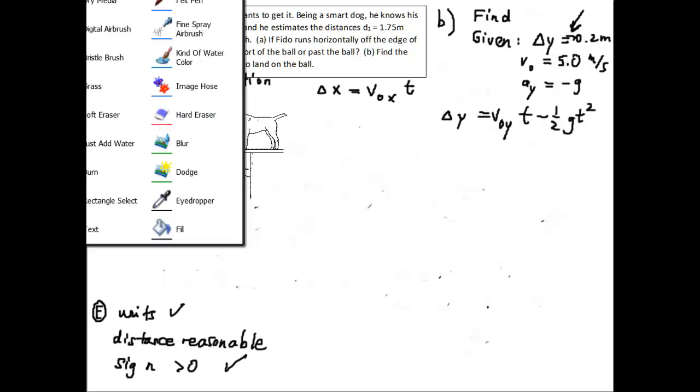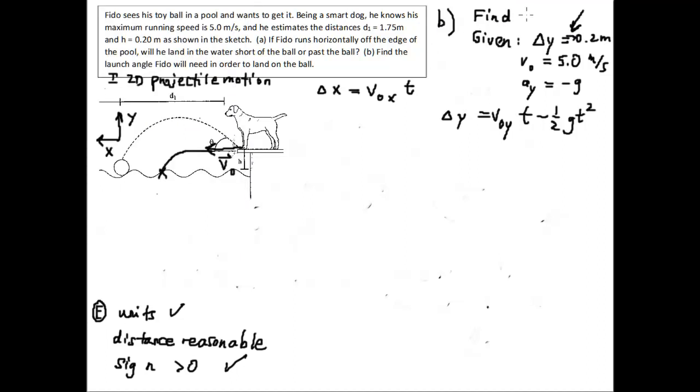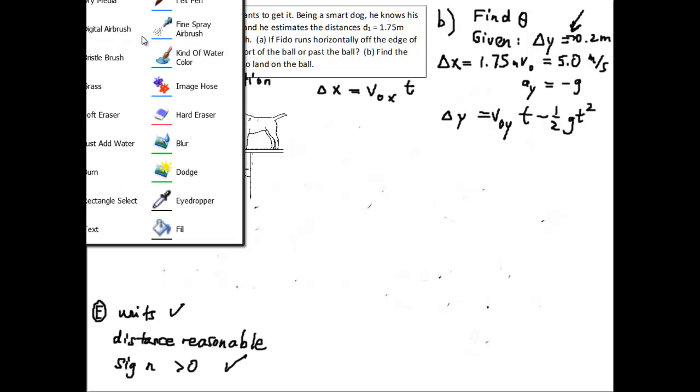So theta is going to have to be in our expressions. We're given the same value for delta y. We're also now given delta x, because if Fido is going to land on the ball, delta x is 1.75 meters.